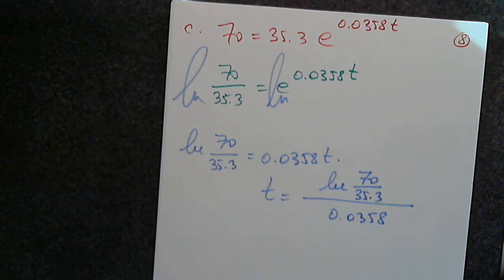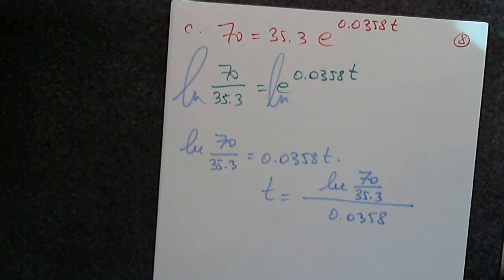Now I have no choice. I can no longer recall the previous answer because the previous answer is 60 million, so I can't do that. So I have no choice. Natural log, parentheses, 70 divided by 35.3, and close the parenthesis, and now I have no choice. I have to divide by 0.0358, and enter.